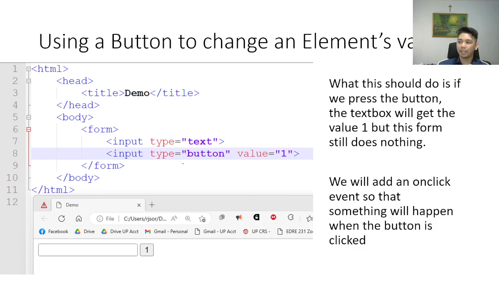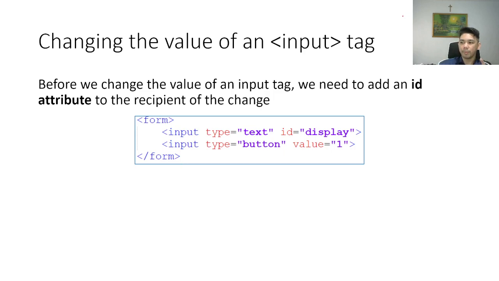We need to add some bit of JavaScript code so that it will be able to change the text box. And to change the text box, the computer must be able to determine who is the recipient of the change of values.